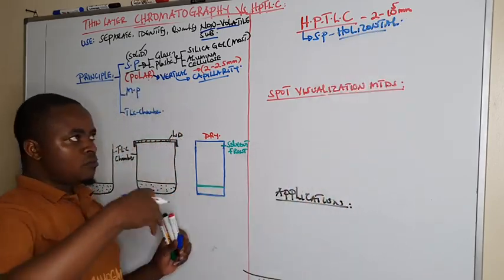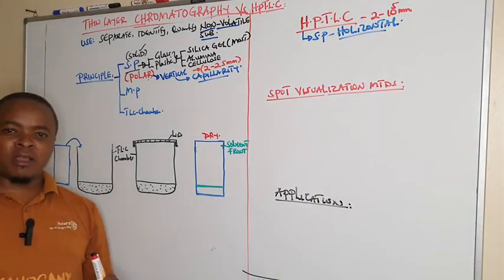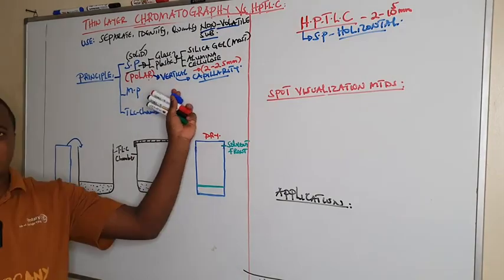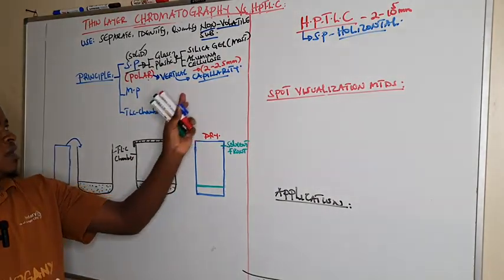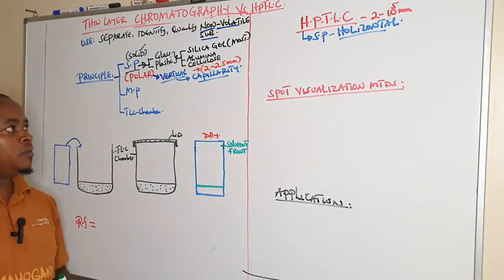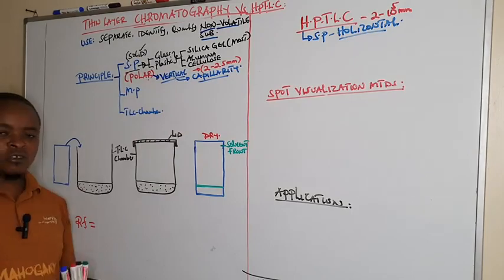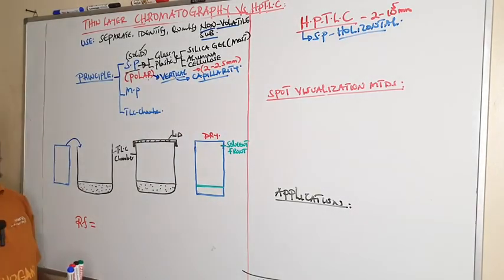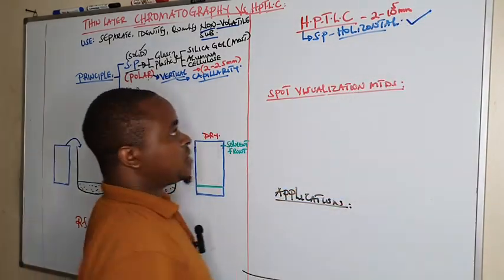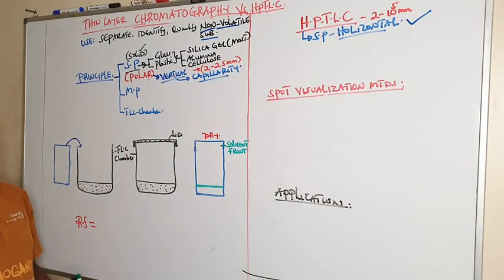So the solvent or the mobile phase is able to move faster compared to the ordinary thin layer, whereby the stationary phase is vertical and the movement of the solvent is by capillarity. This makes HPTLC very effective.